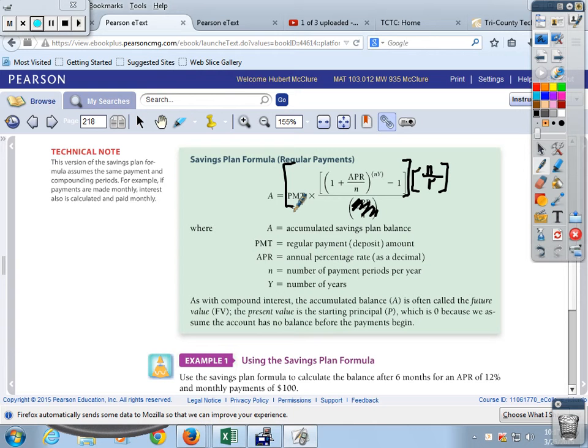Okay. So you can make it a whole lot easier by saying A is equal to your payment times 1 plus APR, or R, I don't like APR, over N, raised to the nt power, minus 1, times n over r.